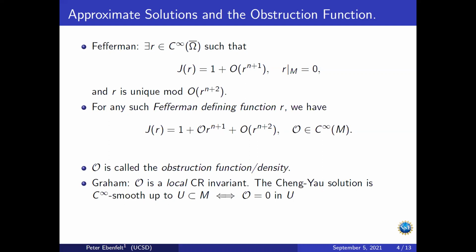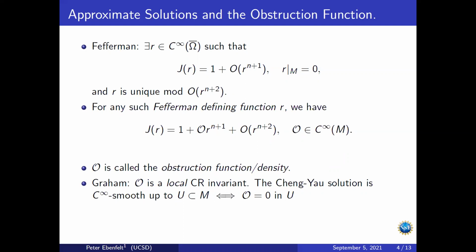Graham showed that if the obstruction function is 0 on some open set, then in fact all the higher order coefficients eta k also vanish on that same set. So in fact, the only thing that remains in the asymptotic expansion of U is rho times eta 0, which are both smooth.